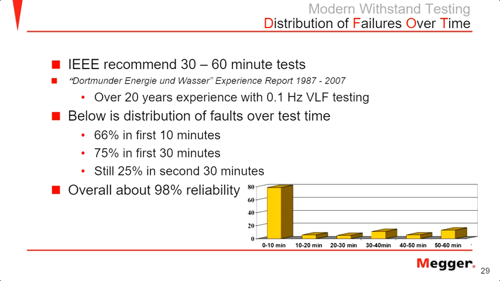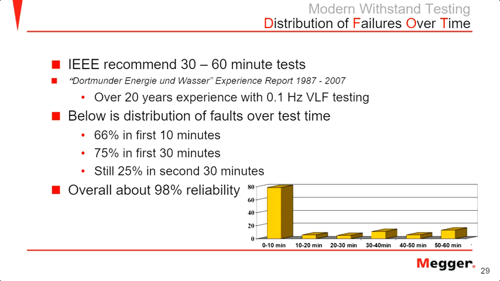Let's say you are doing a 30-minute test, most of the failures you will catch are within those 30 minutes, right? And there's only a 25% chance that you might catch the next ones in the next 30 minutes.